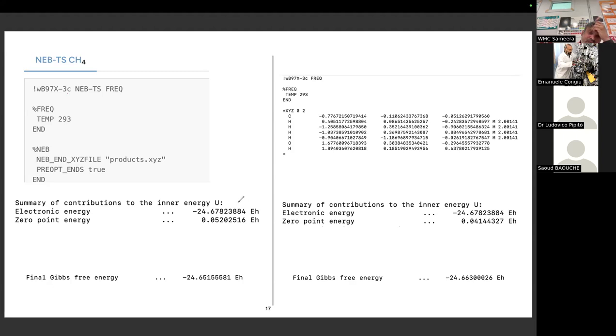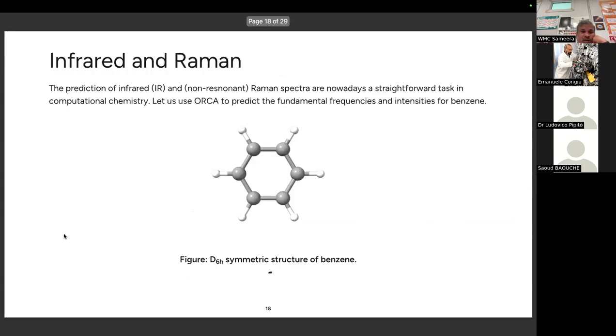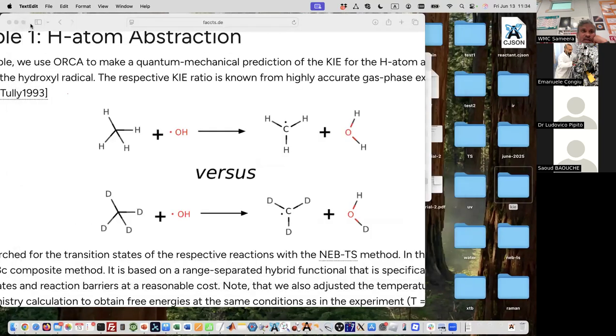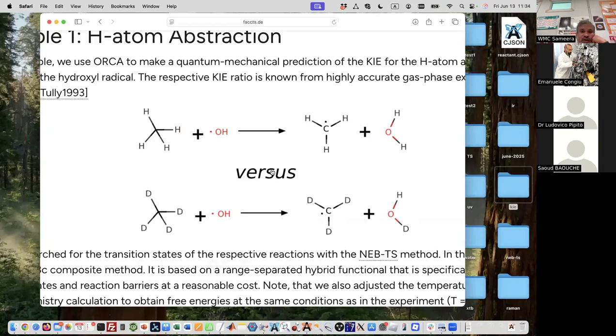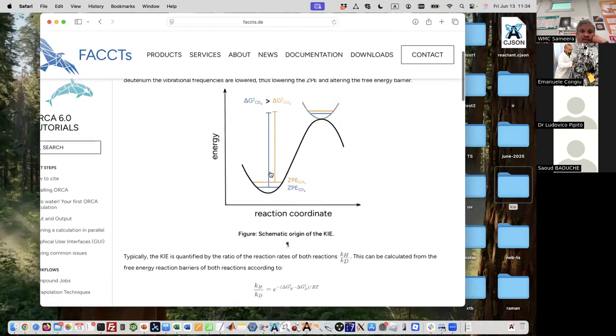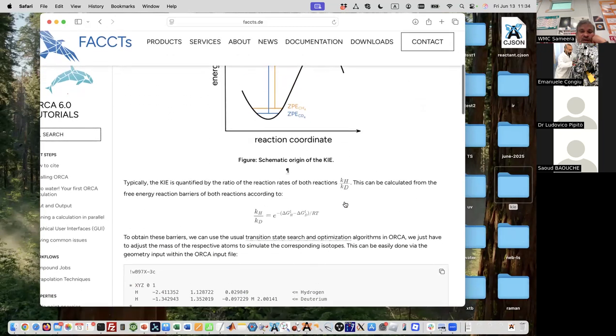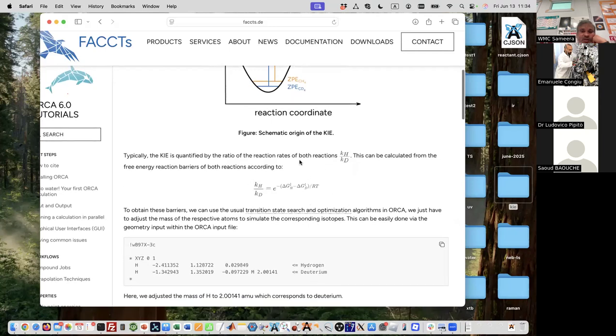And then you can do the same for the reactant and the product. When you do that, you will be able to find the free energy barrier for the reaction with hydrogen or the deuterium, and then you can simply use this equation to get the kinetic isotope effects.